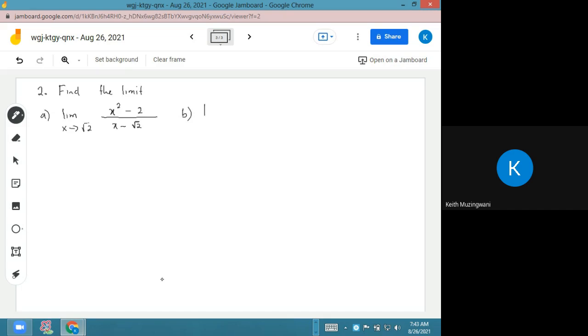B, the limit as x goes to -1 of 3x squared plus 4x minus 1 over 7x plus 3, and C, the limit as x goes to root 7 of x squared minus 7 over x plus root 7.